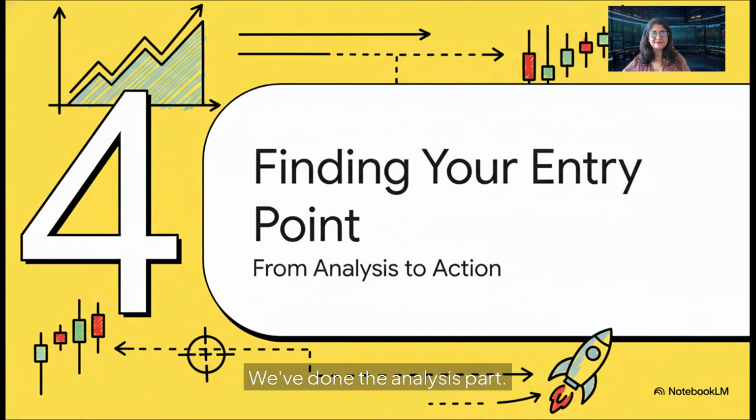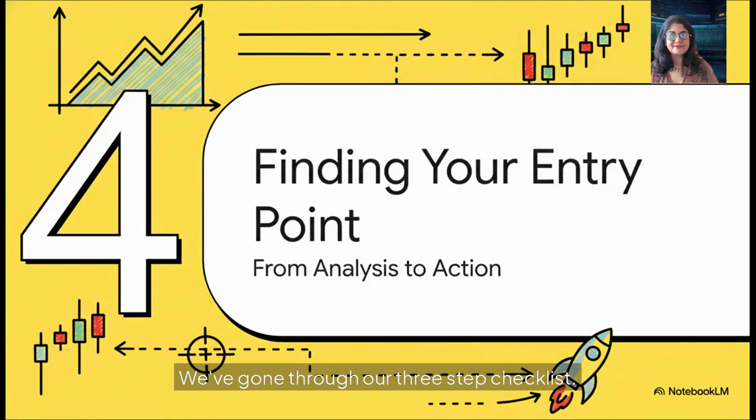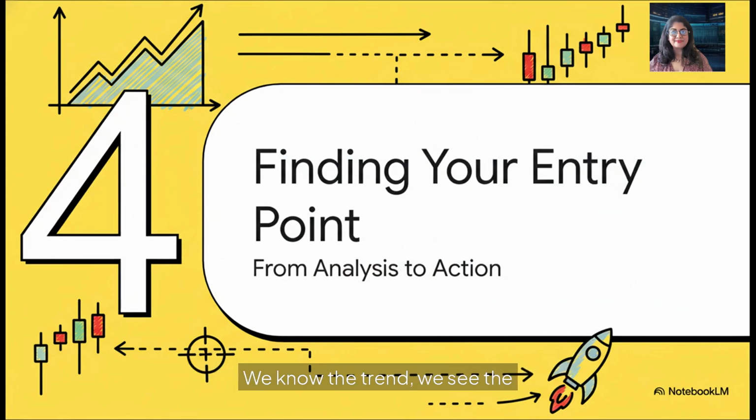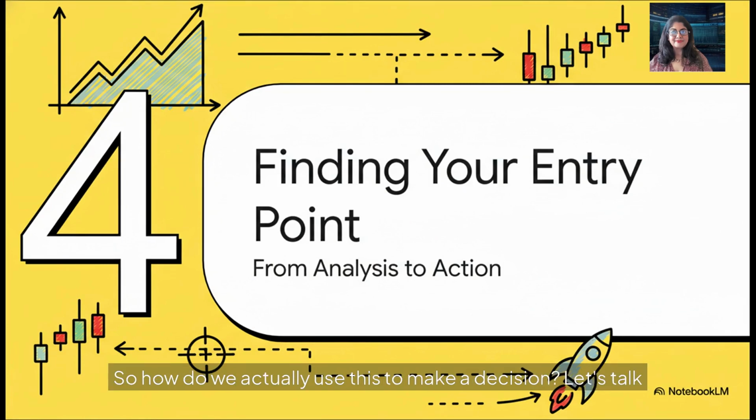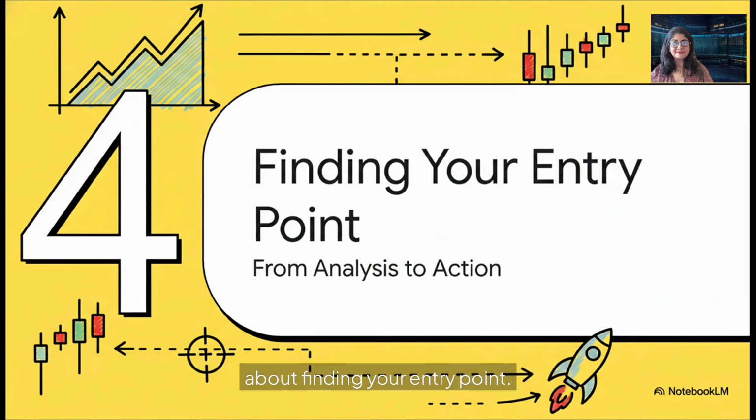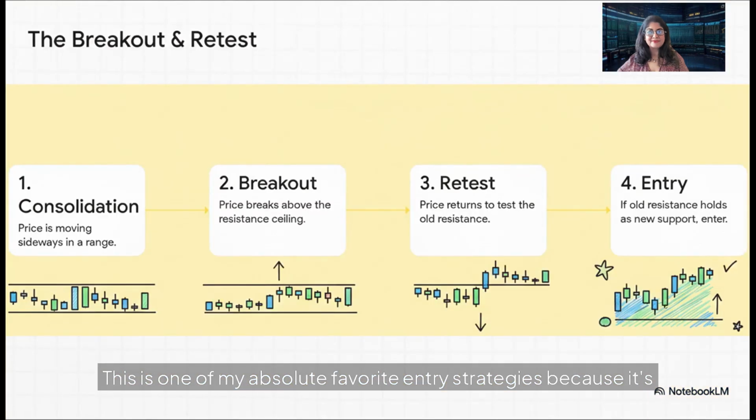Okay. We've done the analysis part. We've gone through our 3 step checklist. We know the trend, we see the levels, and we are reading the candlestick story. So, how do we actually use this to make a decision? Let's talk about finding your entry point. This is one of the most favorite entry strategies.